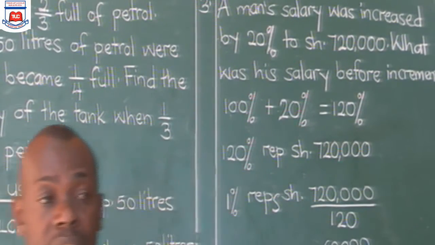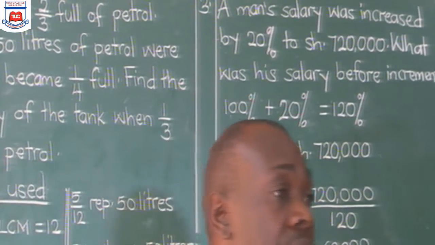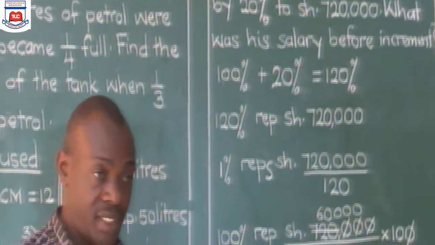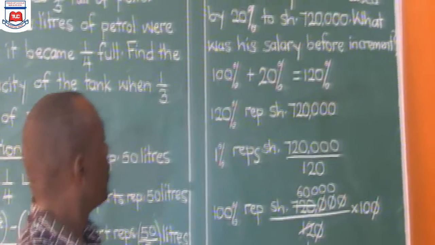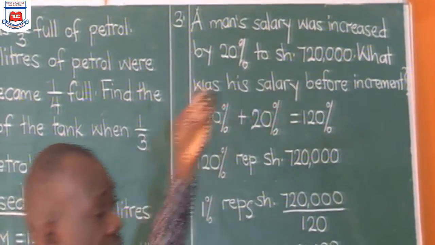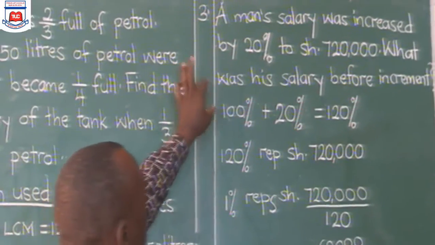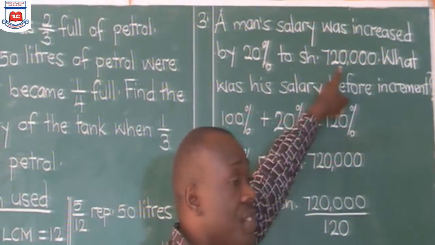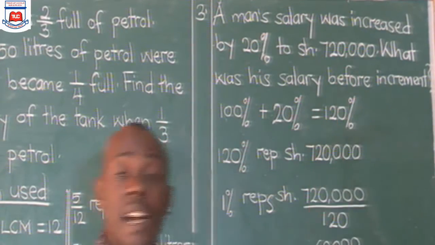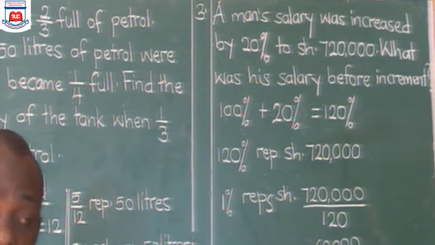The word increase means adding value to the existing quantity to get a new, greater quantity. Therefore, the man's salary was less before. Now it is increased by 20% to this new salary, 720,000 shillings, thereby bringing an element of addition.